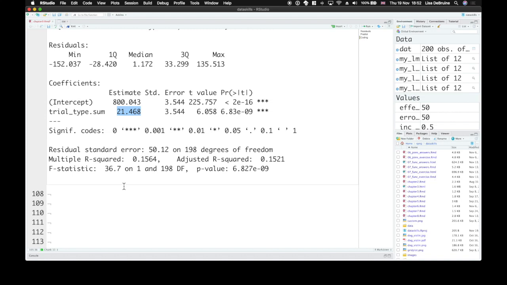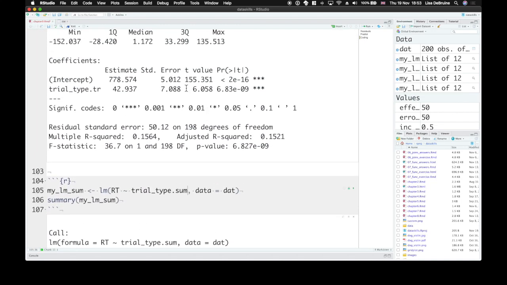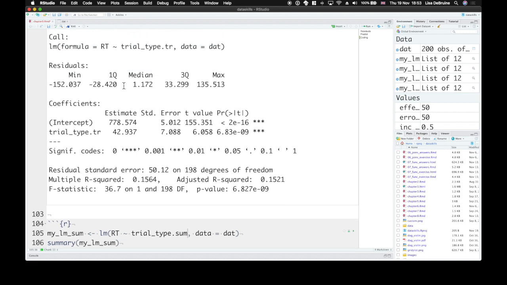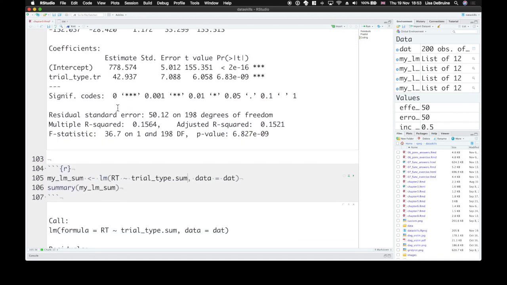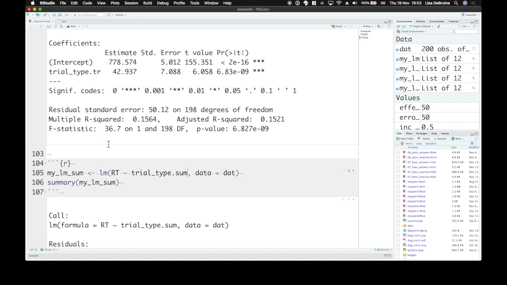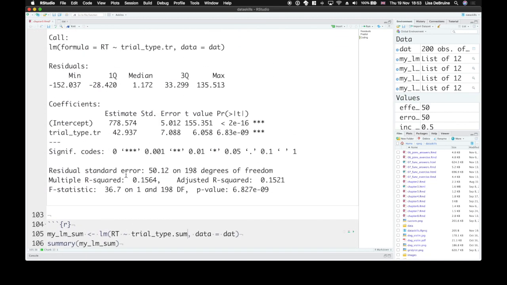So how you code your data determines what these numbers are. It doesn't change the p-values here. The p-values for whether or not the effect of trial type is significant will be the same. We can see here they're very small, but say the t-value is 6. It's also 6 here, even though these are different estimates, and also 6 here. And the intercept p-values will change because you're testing here the intercept is the grand mean different from 0, versus here with sum coding is the grand mean different from 0.